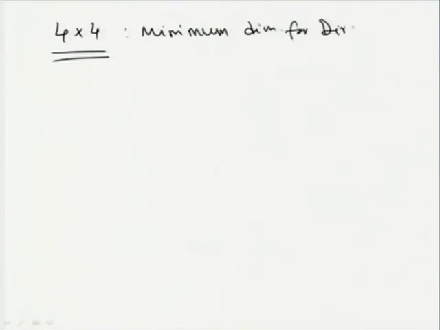So, the next thing to consider is the 4 by 4. 3 by 3 is an odd dimension, so we will not be able to look at that. Now, looking at the 4 by 4 matrices, that is the minimum dimension for Dirac matrices.